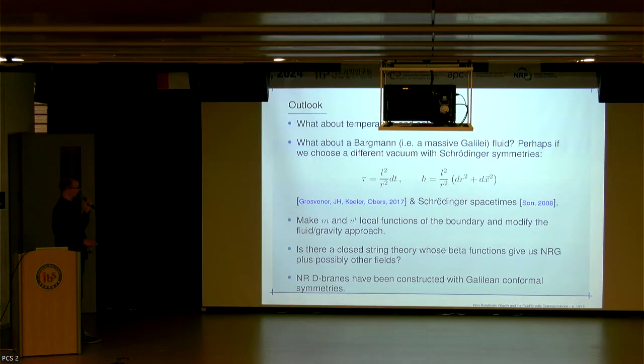And this is not unrelated to what Son did back in 2008, but this will be the non-relativistic incarnation of that from the bulk point of view. And then the next thing will be to make M, the energy, and the velocity local, and we'll repeat the whole fluid gravity approach. I think I've now run out of time, so I'll leave the other comments for you to read. So thank you very much.